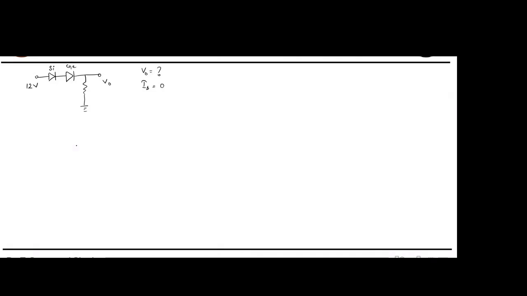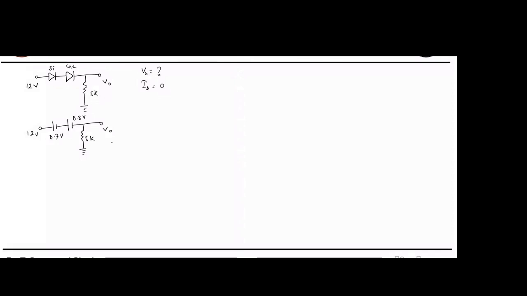Now, tell me, are both forward bias or reverse bias? Forward bias. So what you can do is replace them with two voltage sources like this, one of 0.7 and the other of 0.3 volt. The resistance we can just take as 5K.